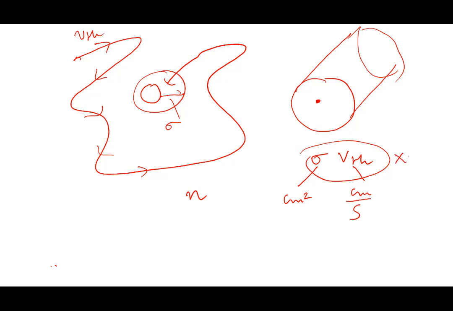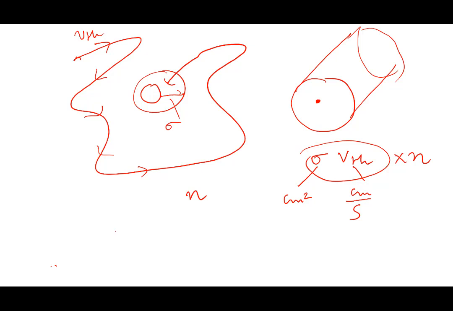If we multiply it by n, we'll get the probability with respect to time that the electron gets captured. n is the total number of electrons distributed. Sigma Vth n. So this is what we're calling the capture rate.